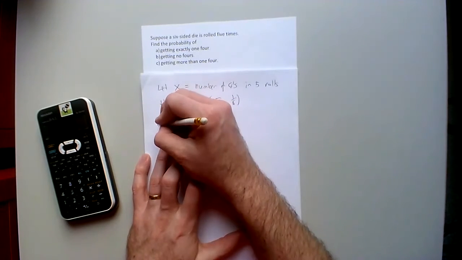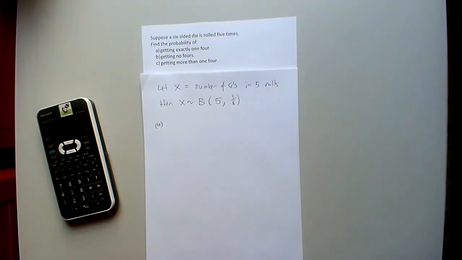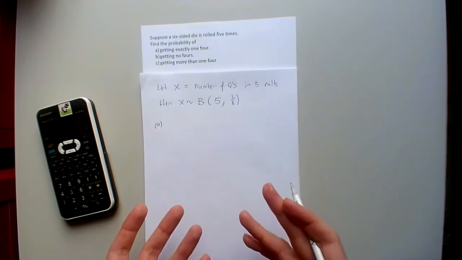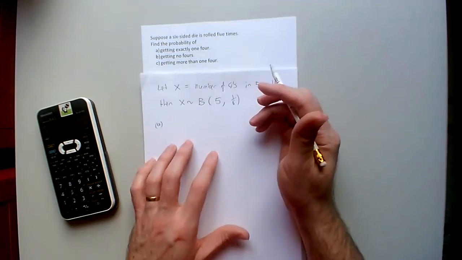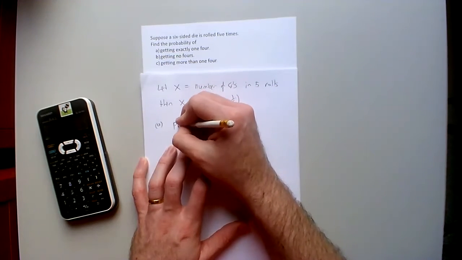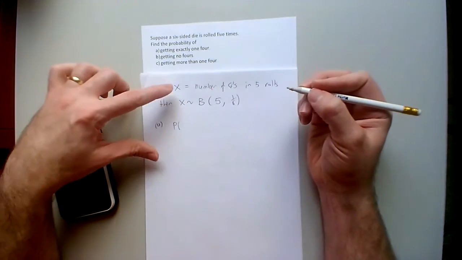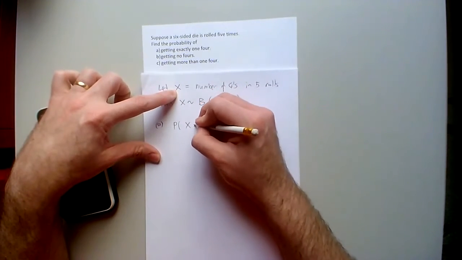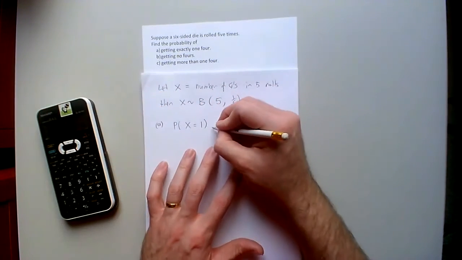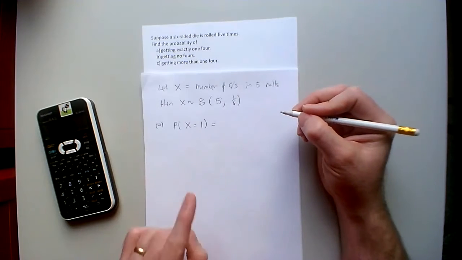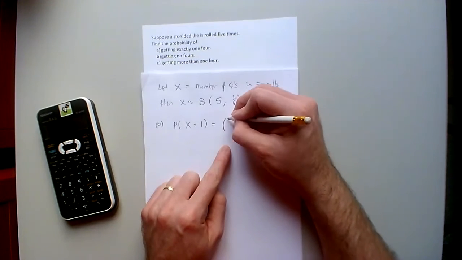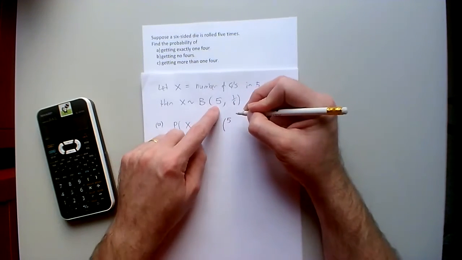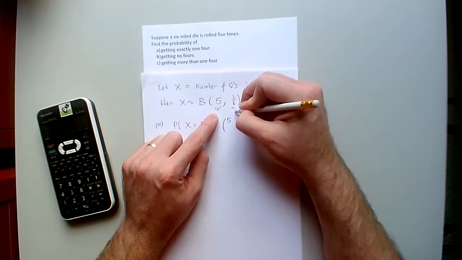And then I can use the formula for the probabilities that go with the binomial distributions to figure it out. So the probability of getting exactly 1 four would mean that the number of 4s, which is called X, is 1. And the formula goes, normally this would be called n, and this would be called p.